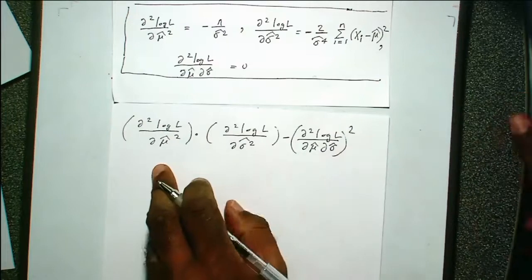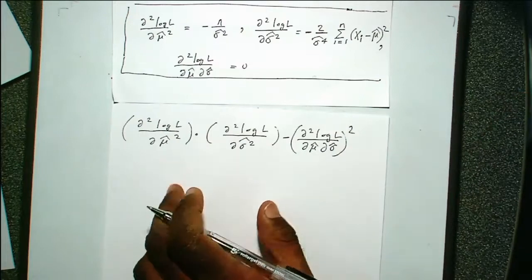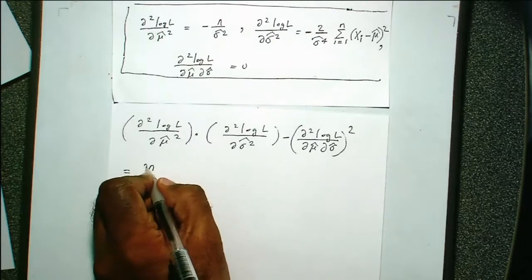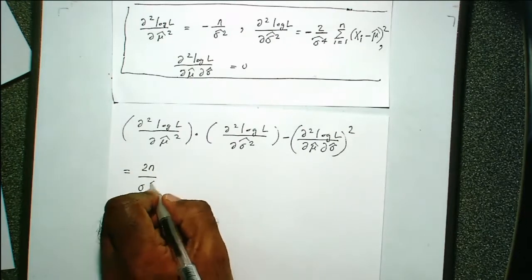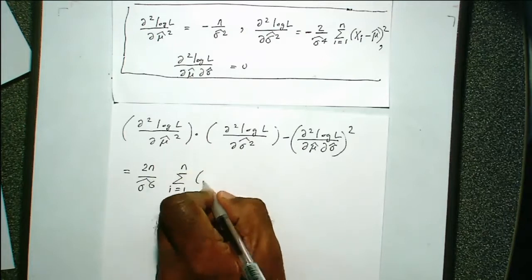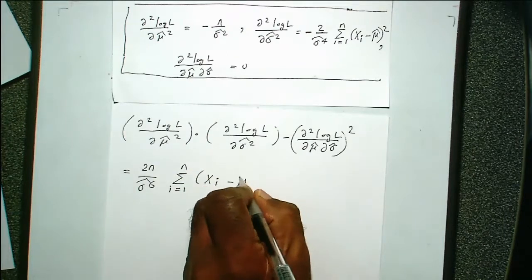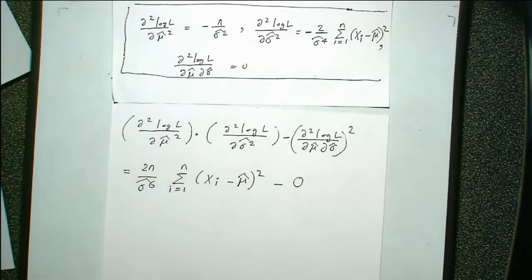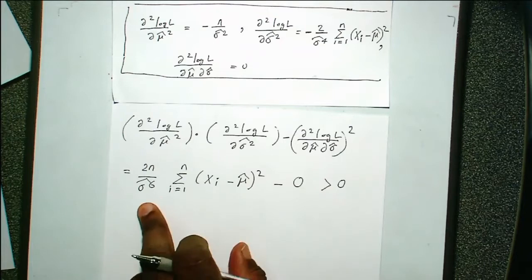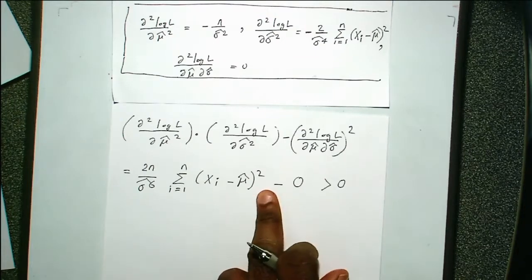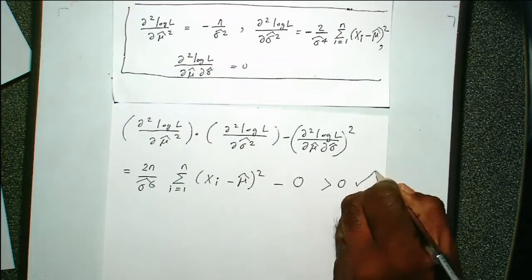We must show that this is a positive number. Using these, we have 2n over sigma power 6 times the sum of xi minus mu hat squared, minus 0, which is clearly positive, because anything to the power 6 is positive and anything squared is positive. So this condition is satisfied.